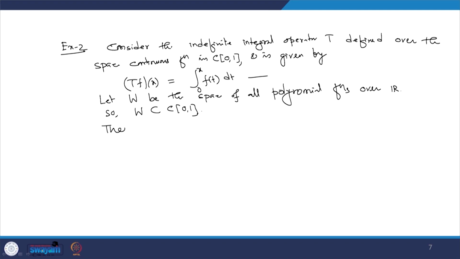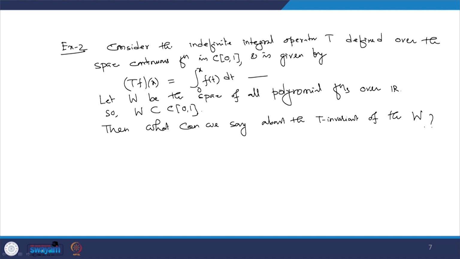Then what can we say about the T invariance of the subspace W?